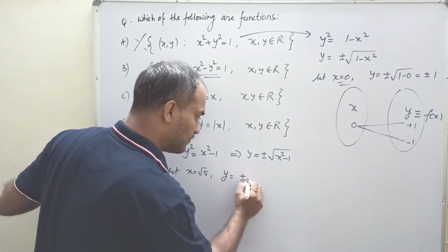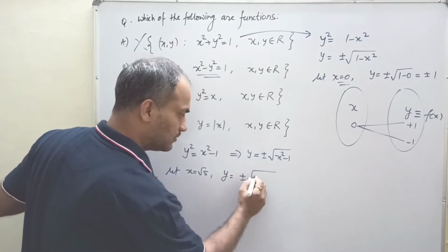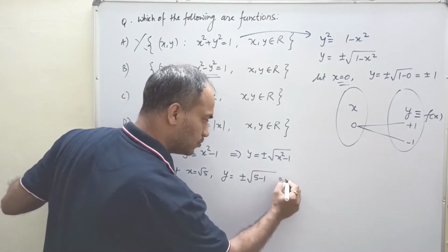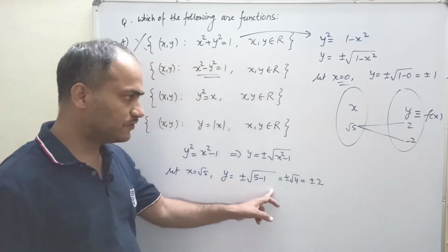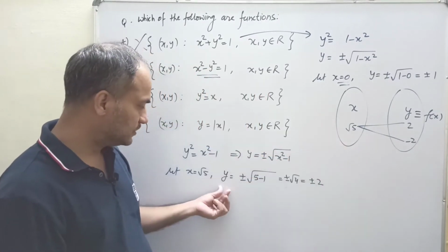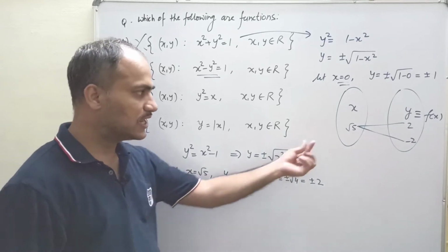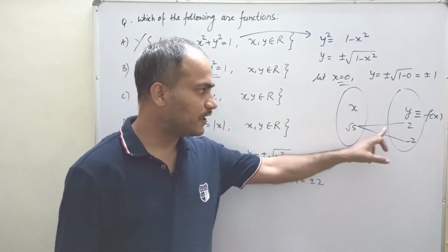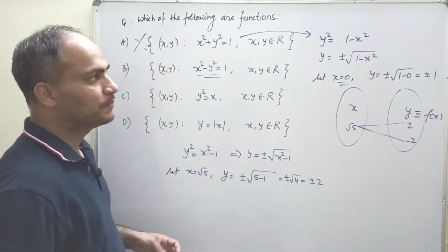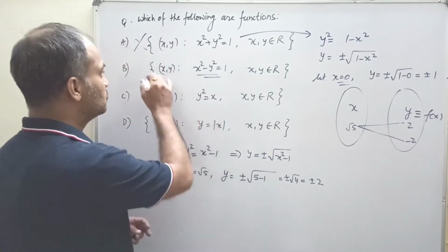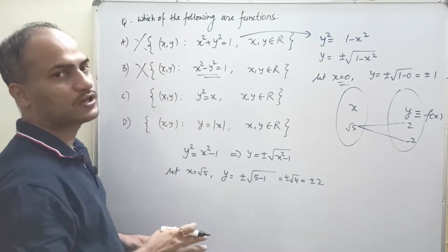Y will be plus minus the square root of 5 minus 1, so plus minus root 4, that is plus minus 2. Here also we get a similar condition that one value of the domain, that is root 5, is connected to two values of the codomain. Okay, so clearly according to the same condition of a function, this also cannot be a function.